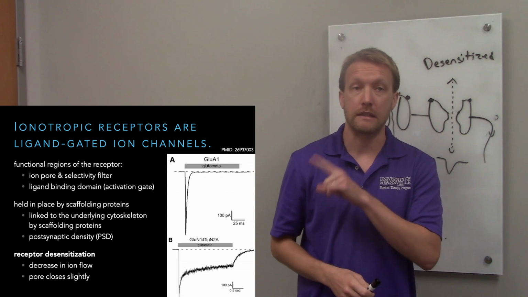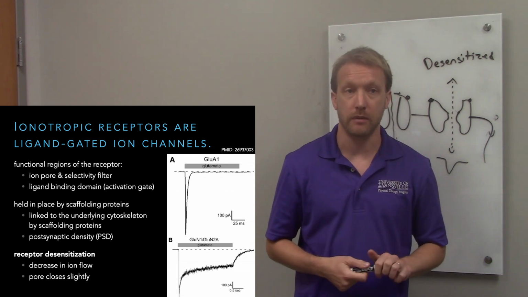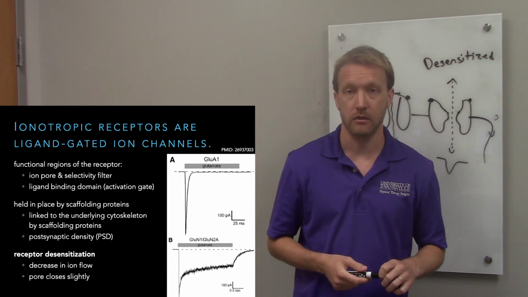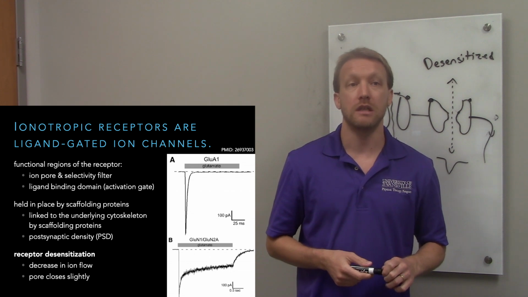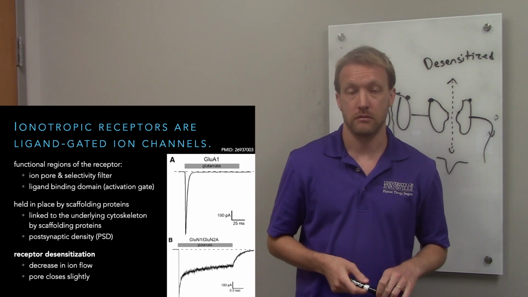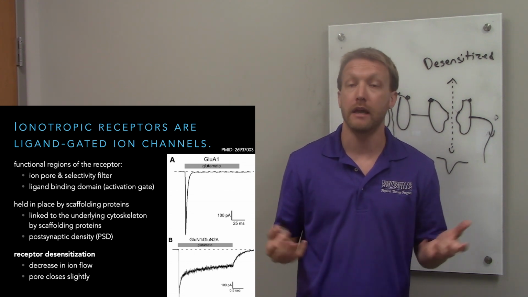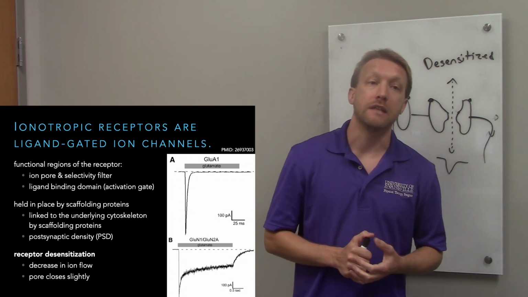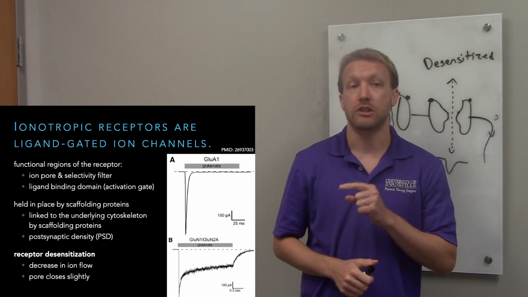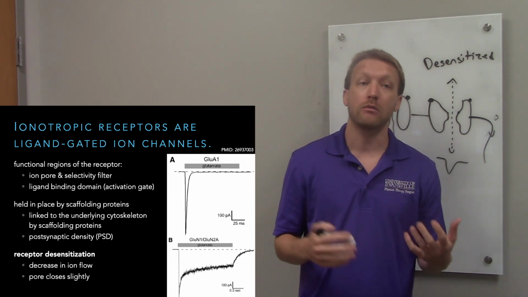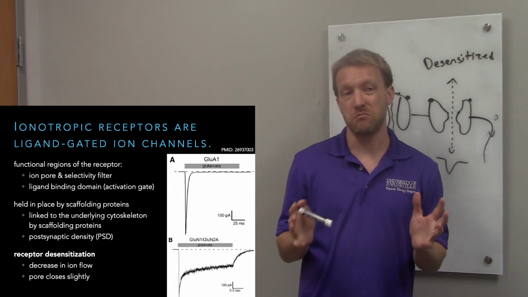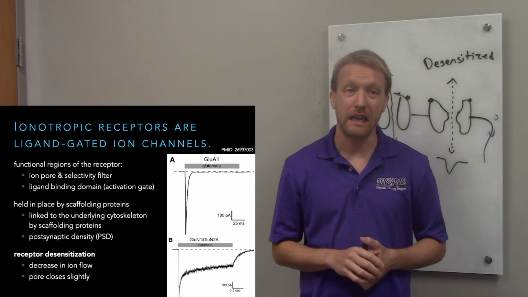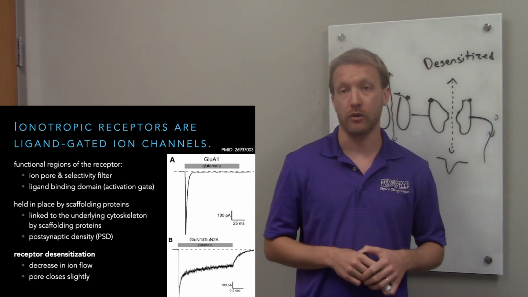If we look over here on top, that's showing you a glutamate receptor called an AMPA receptor. And you'll notice it immediately desensitizes. In less than, I don't know, about 10 milliseconds, you basically get no more current. NMDA receptors, on the other hand, notice the change in time scale. Now we're looking at the course of ballpark, I don't know, 2.5, 3 seconds, and we're still getting a current.